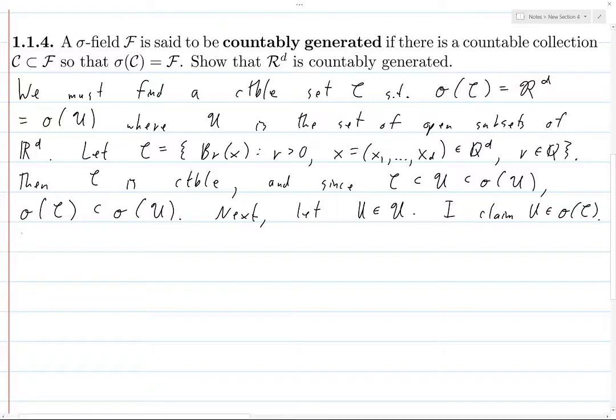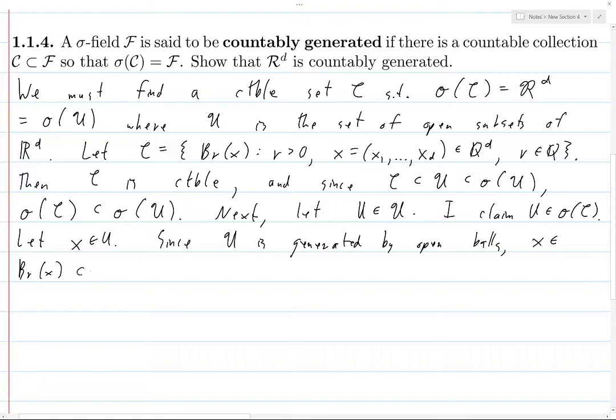Okay, so to prove this, let x be an element of U. Since U is generated by open balls, x is in B_r(x), which is contained in U. This holds for some r greater than 0 and x in R^d.